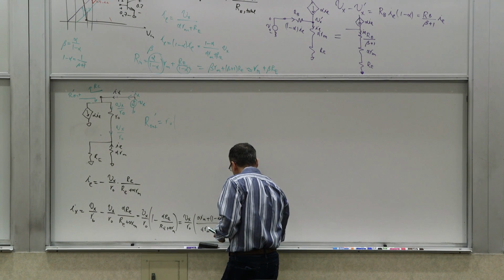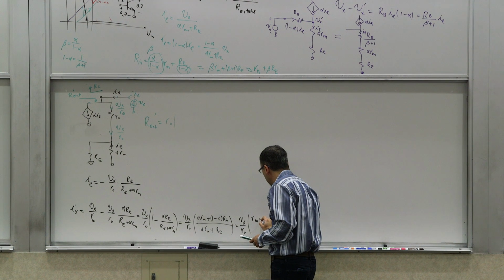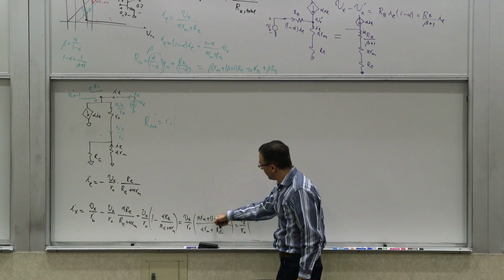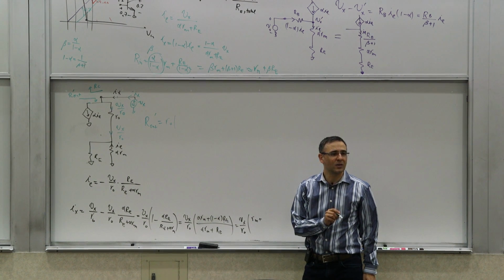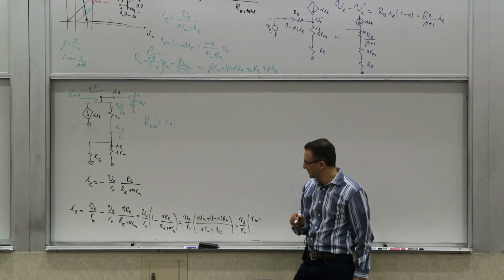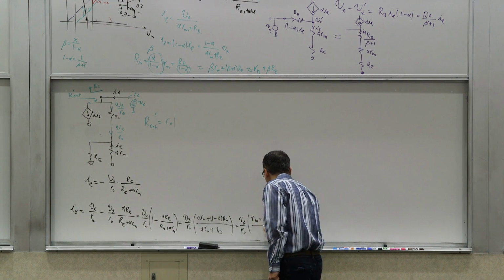So what you get is Vx over RO, you get Rm plus 1 minus alpha over alpha times Re. What is 1 minus alpha over alpha? 1 over beta, right? So it's Re over beta divided by Rm plus Re over alpha.